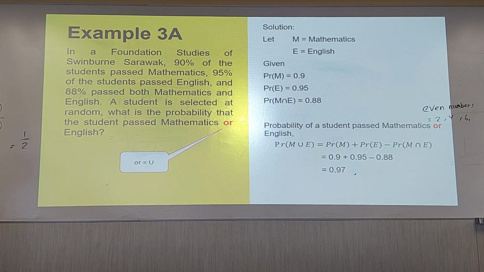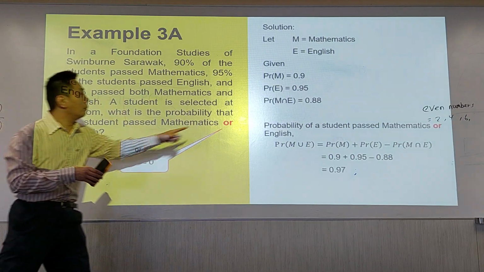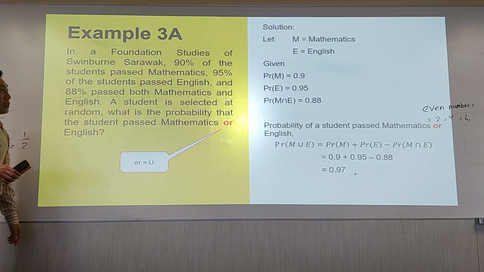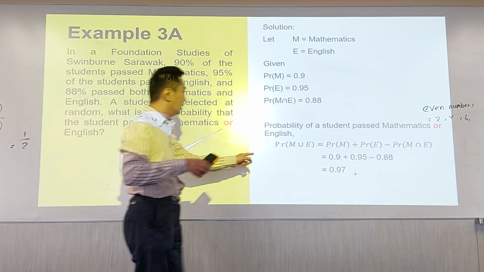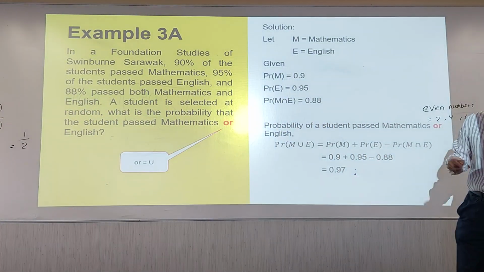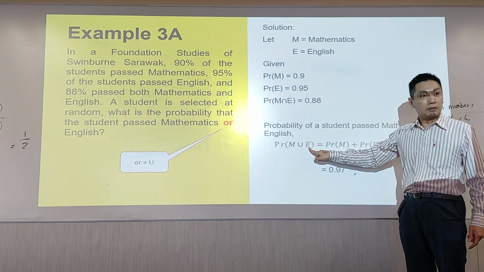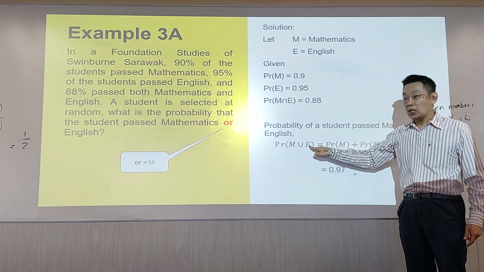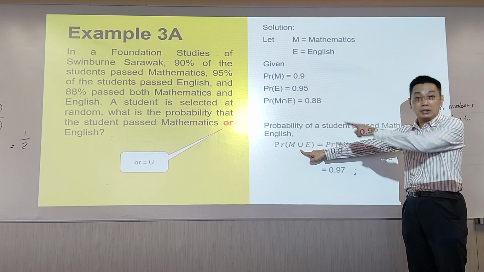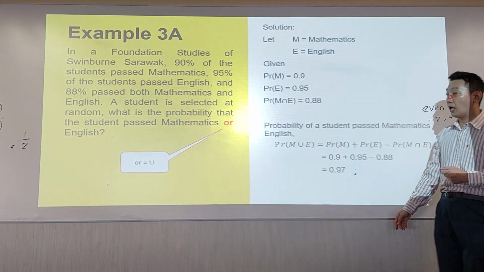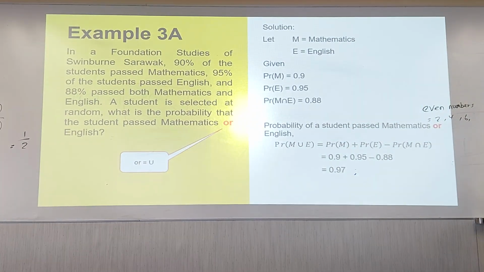So if a student is selected at random, what's the probability that the student passes mathematics or English, or means union? So this question actually is looking for the student that passes mathematics or English. So that's the meaning of this question. You are looking for the probability of N union E.